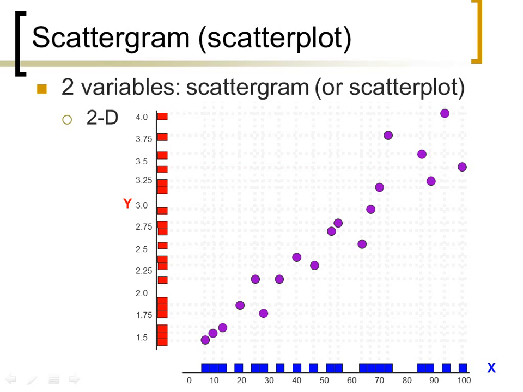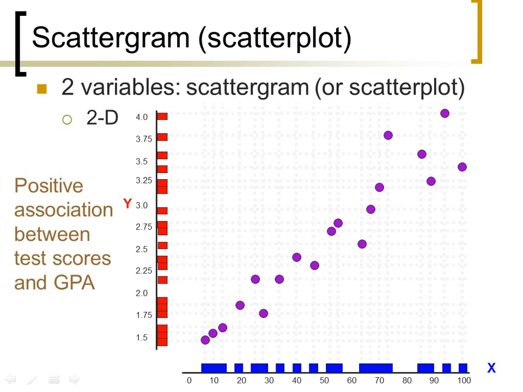Now, in a mathematical sense, it doesn't matter whether you put GPA as the x or the y, etc. But rationally, it often makes a difference. It often matters which variable becomes x and which one becomes y. But we'll talk a little bit more about that later. In this case, we see a positive association. Now, positive association is characterized by the scatter plot that seems to kind of move up and to the right.